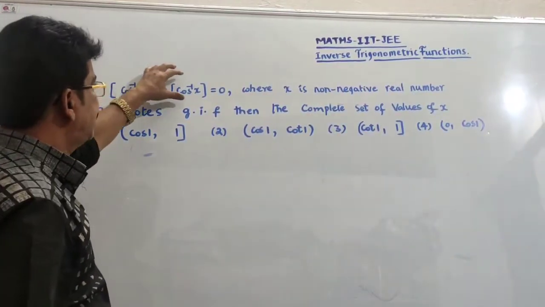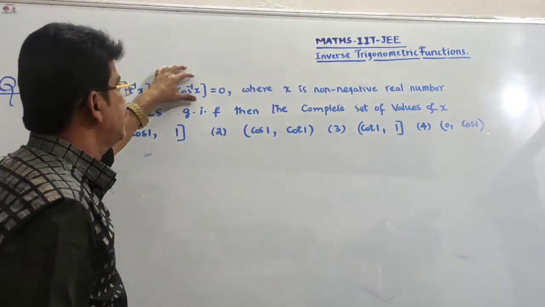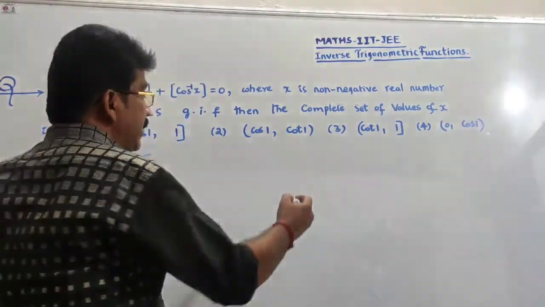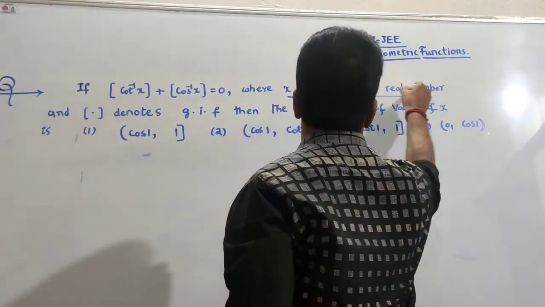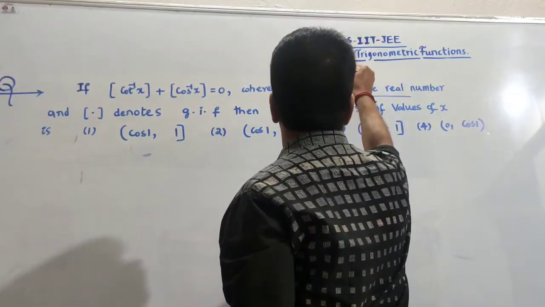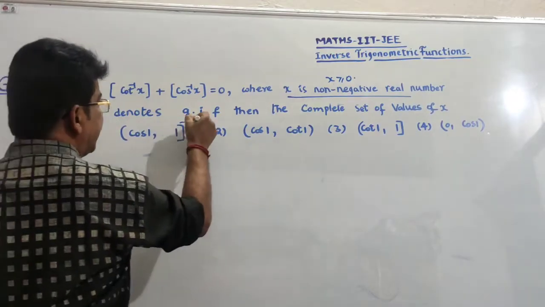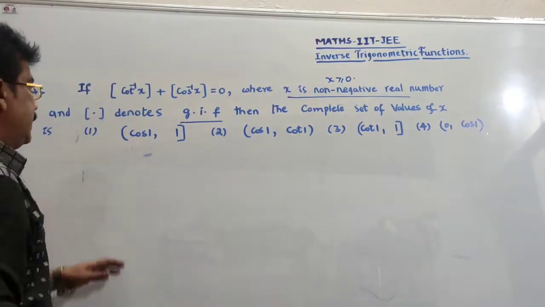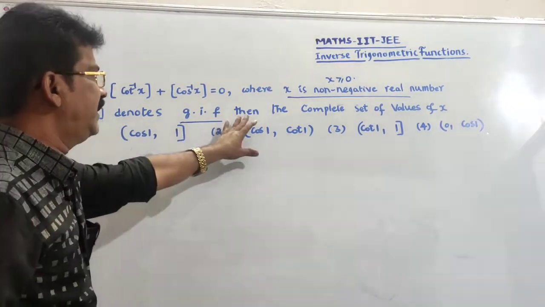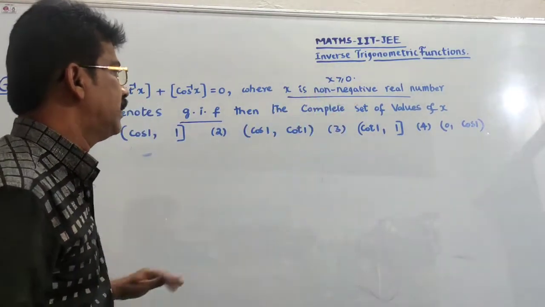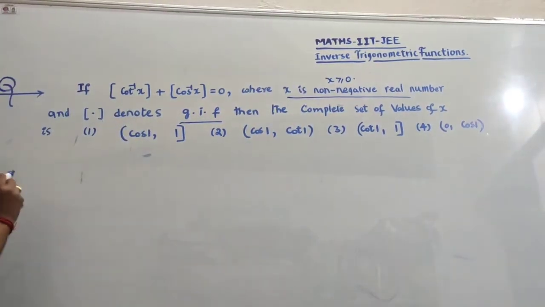Hence the problem: if box of cot inverse x plus box of cos inverse x equal to 0, where x is a non-negative real number, means x is greater than or equal to 0, and box denotes the greatest integer function, then x belongs to this interval, or this interval, or this interval, or the fourth option. Okay, 1 minute.